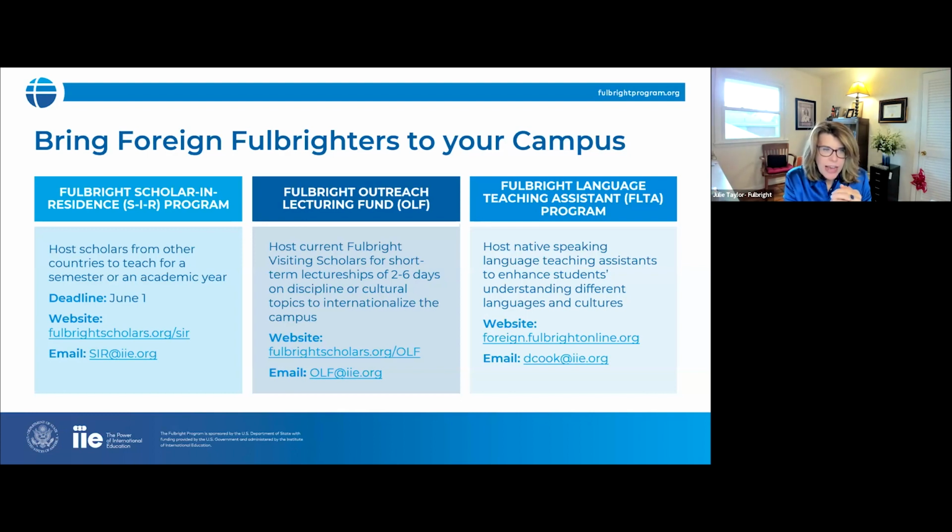And so that's an institutional application. You would apply, usually your department chair would sign on and your dean. And the costs of that are covered by the State Department. There is a preference that is given to community colleges and to minority serving institutions, but we have all sorts of institutions that apply for the Scholar in Residence program.